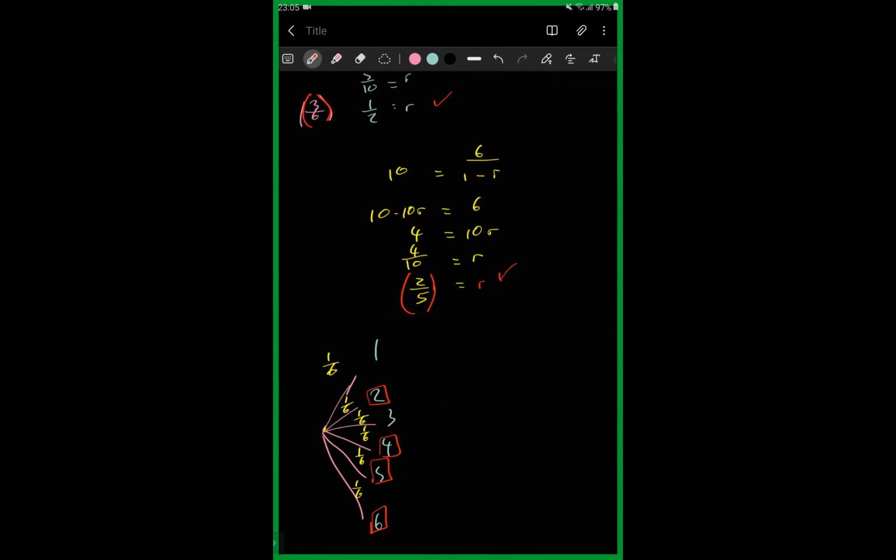The combinations of our value of R are just so many. You can have 1 over 1, 2, 3, 4, 5, 6. And then 2 over 1, 2, 3, 4, 5, 6. And then 3 over 1, 2, 3, 4, 5, 6.